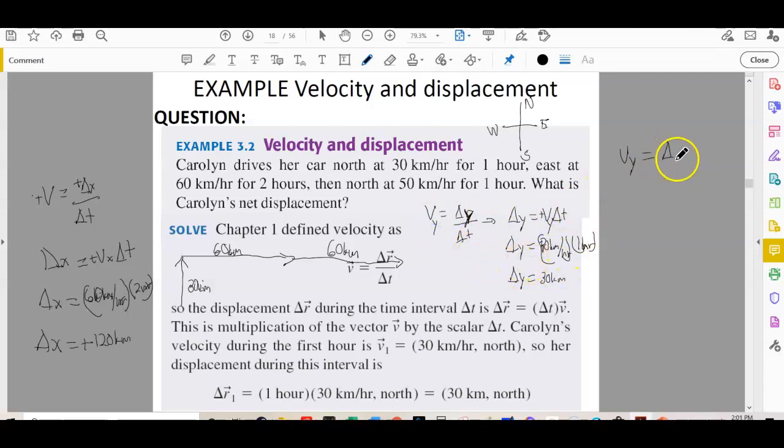So we're assigning directions to our velocities now with a subscript. And it's upwards, so it'll be a positive there. So she's driving northwards or upwards at a positive Vy delta t. So she's driving 50 kilometers per hour for 1 hour.